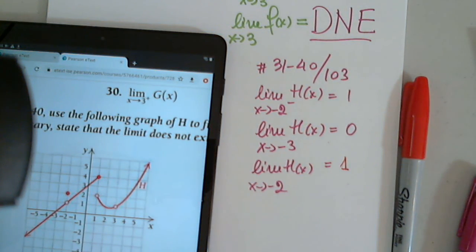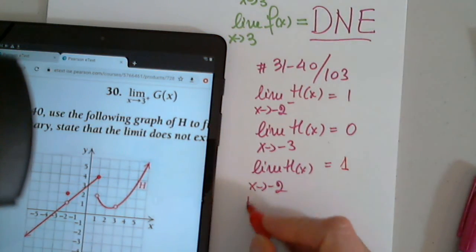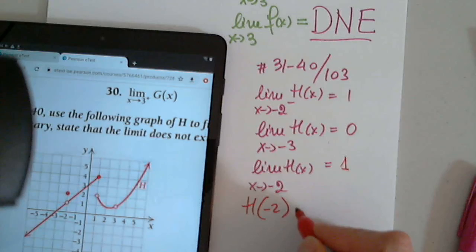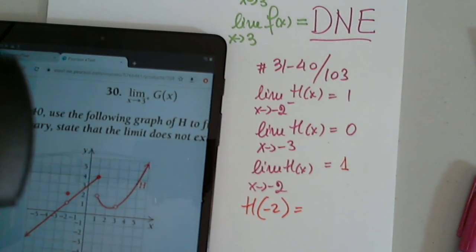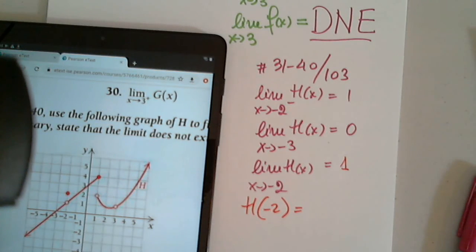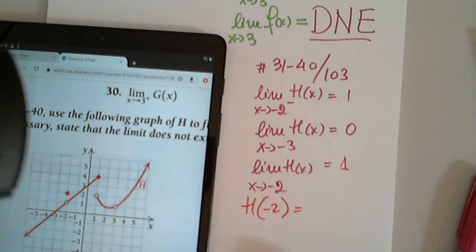Now if I ask, what is the function value at -2? What will you say? It's a very good question. But the limit does not ask us about the function value. Can anyone answer?